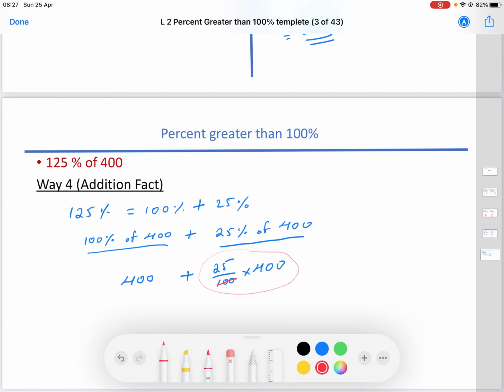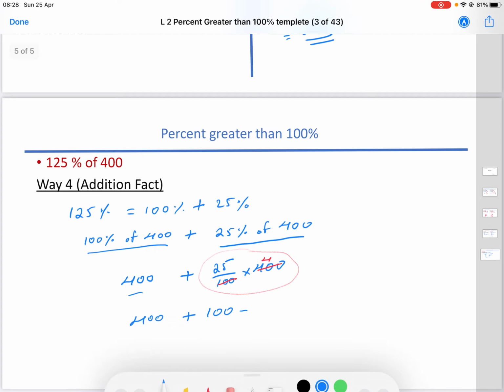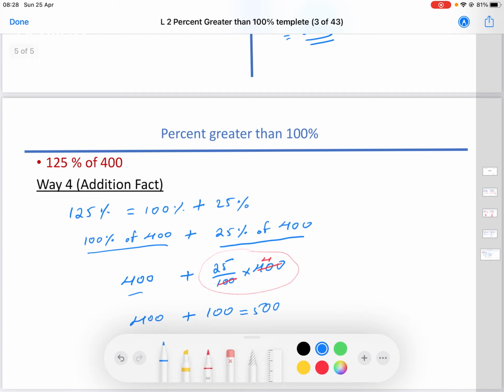Now we know 100 divided by 100 is 1, and 1 times 400 is 400. So this 400 we have same as it is, plus 25 times 4 is 100. 400 plus 100 is 500. Therefore, 125% of 400 is 500.